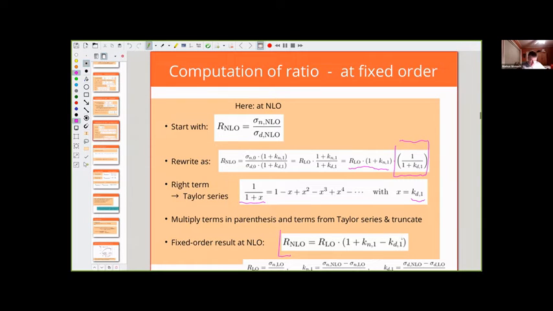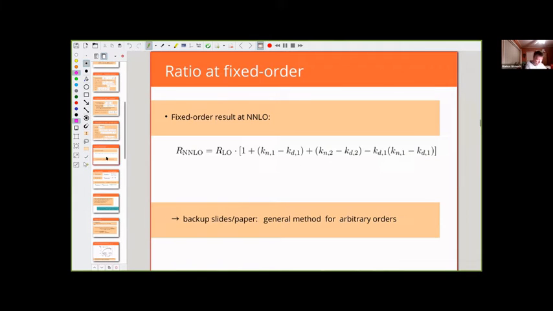And all of these pieces can be computed from the results that we computed initially for the two cross-sections. At the next to leading order, the calculation gives this result. And if you want to go to higher and higher orders, you can do that. And the general method for this is given also in the backup slides and also, of course, in the publication.